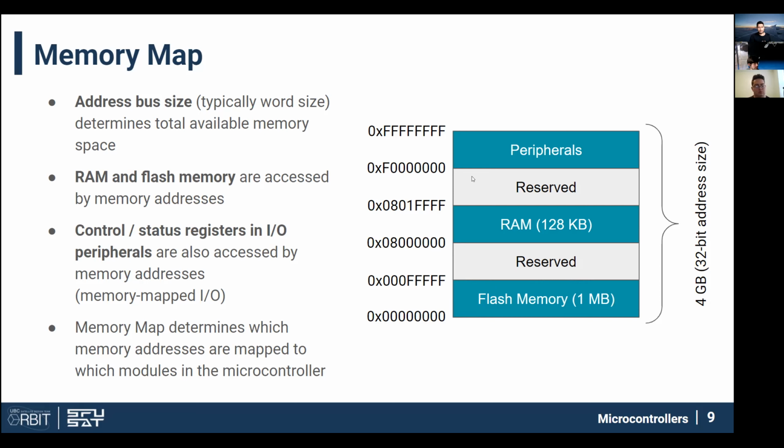This is a typical layout. Usually the flash memory is at the very starting addresses, and the peripherals are at the highest addresses. The memory map is something that's going to be in the reference manual for your microcontroller. It'll tell you which addresses correspond to which parts of the microcontroller.